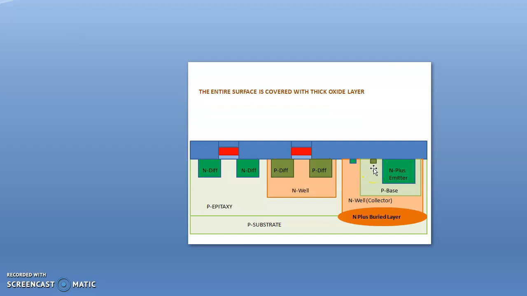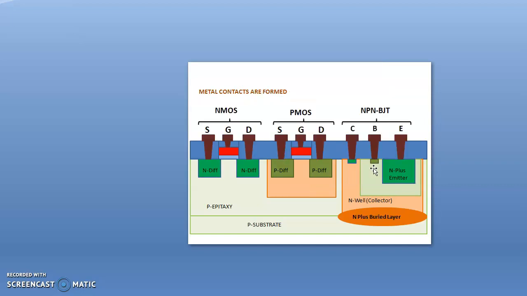So whenever possible, we try to merge the steps for the BJT as well as the MOSFET in the same step. Then again the oxide layer is grown throughout, and etching is done wherever we don't want the oxide, and the metal is deposited, that is metallization, for connecting to the outside world: source, gate and drain of NMOS, source, gate and drain of PMOS, emitter, base and collector of the BJT.